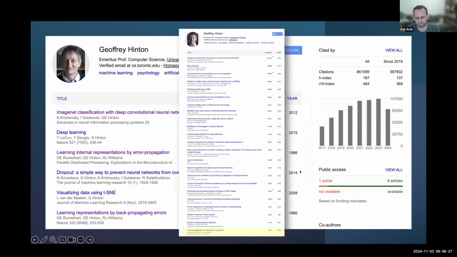In the Nobel Prize press release, they mentioned this paper here: A Learning Algorithm for Boltzmann Machines. This is not one of his important contributions to the field of AI, at least in my opinion. I'll talk about it very briefly.